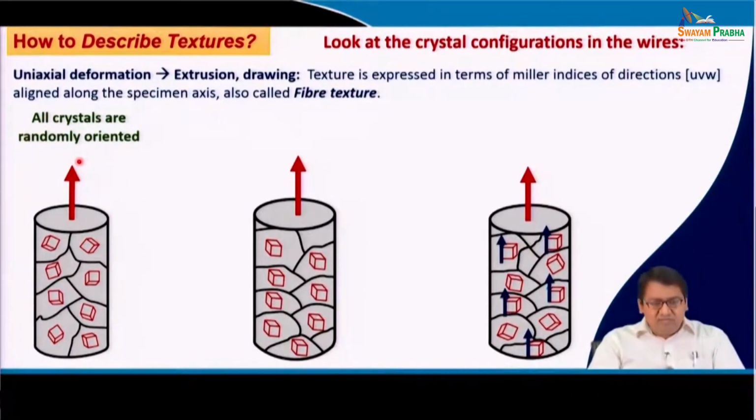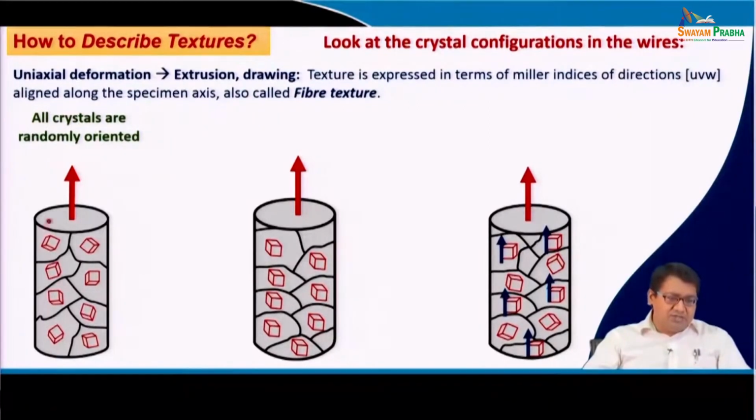So, you see, alignment of that important sample reference direction and the important crystallographic axis basically represent the texture. If a UVW, that is the Miller indices of a certain direction, coincides with the extrusion direction or the drawing direction, this UVW is basically known as the fiber texture. So, we call it UVW fiber texture for that material.